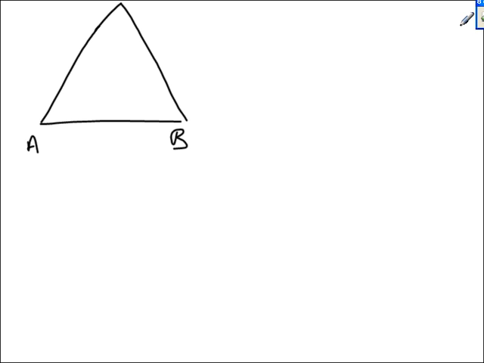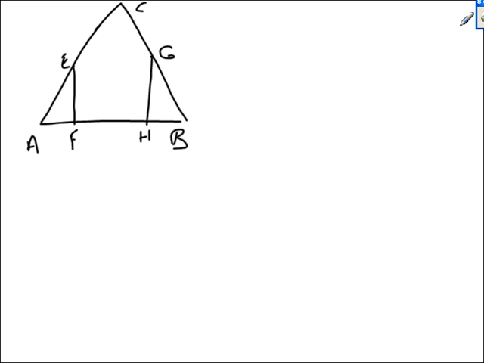Now, here's an interesting problem. Suppose you have a triangle A, B, and C, and you draw these two lines, EF and GH.